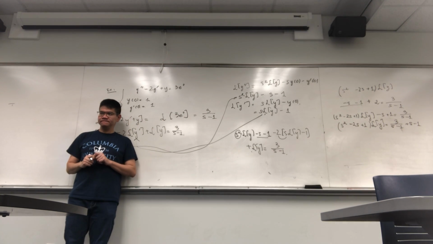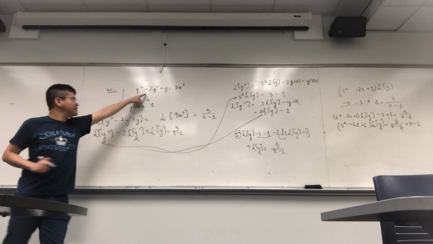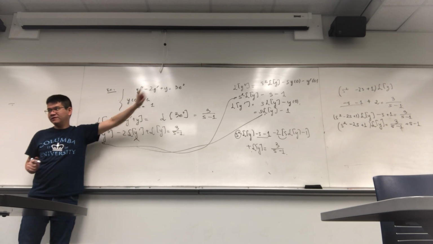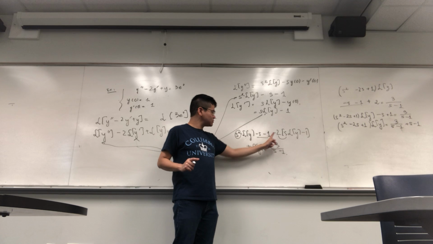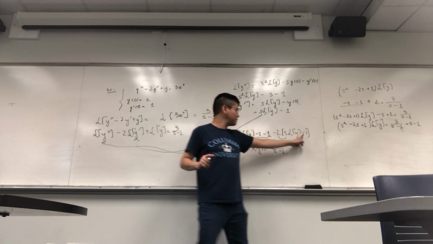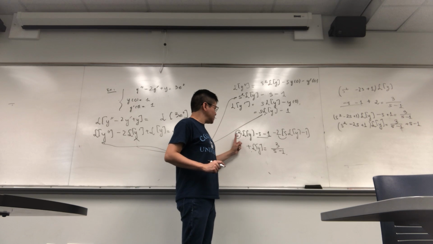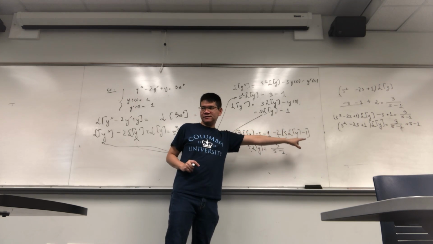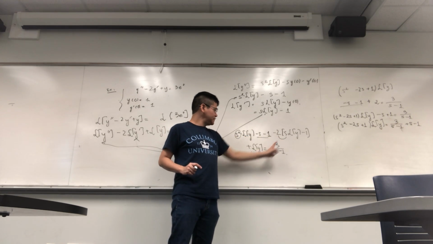Questions? Is it clear? I'll explain again. I made a mistake in the beginning. There's a 2 instead of a 3. Here I have s squared Laplace transform y minus s minus 1 minus 2s Laplace transform y minus 2 plus Laplace transform y is 3 over s minus 1. I group all of the terms that contain Laplace transform y, which is s squared, 2s, and 1.